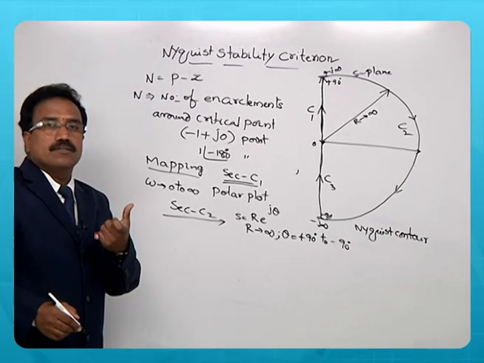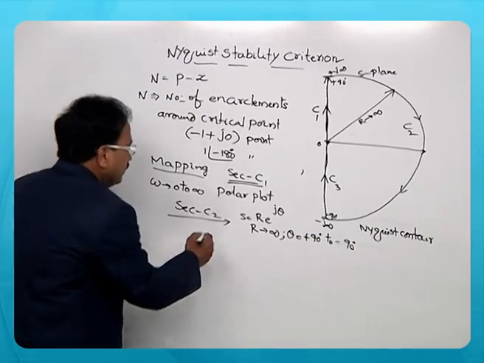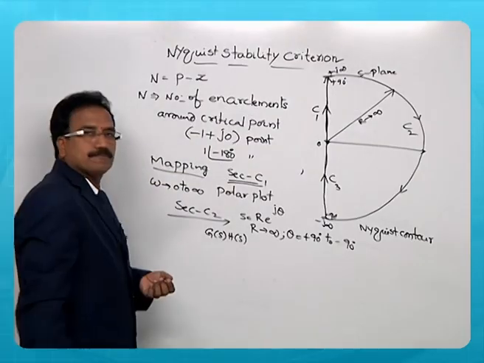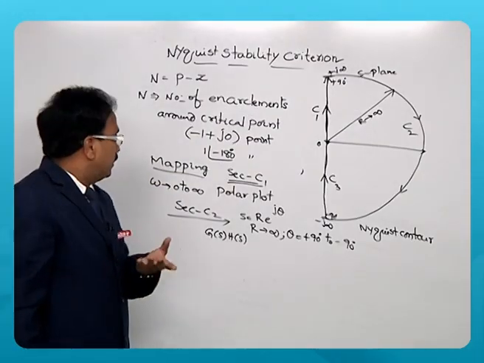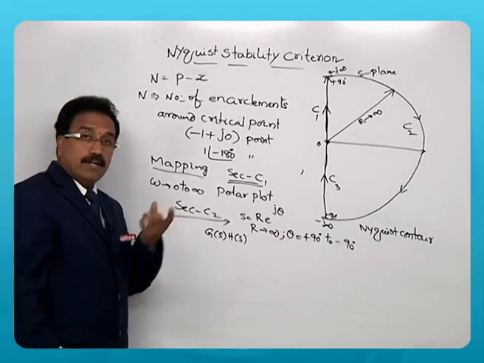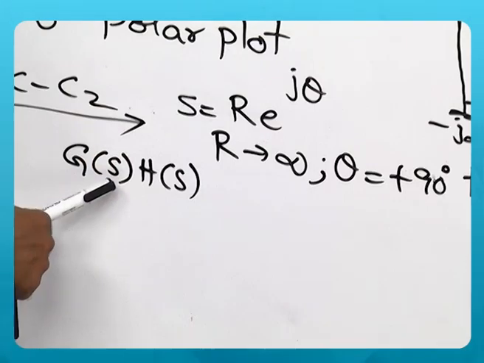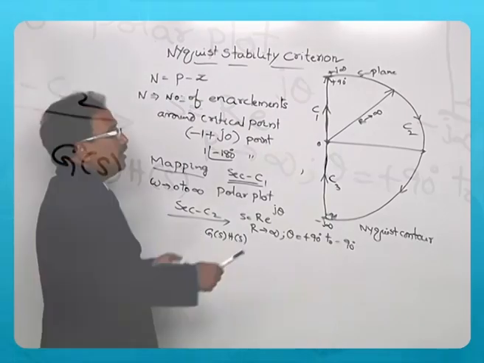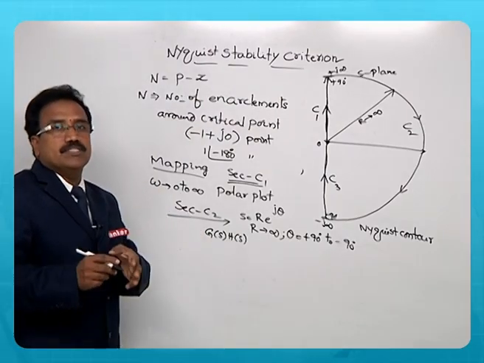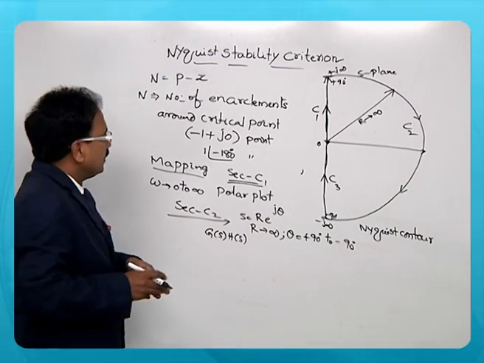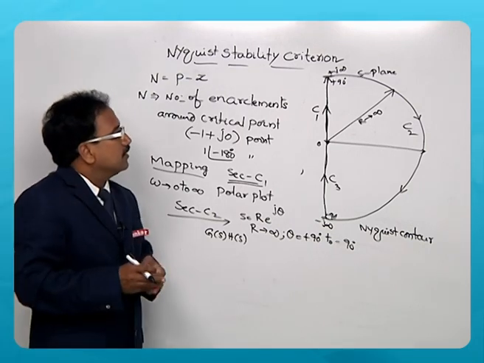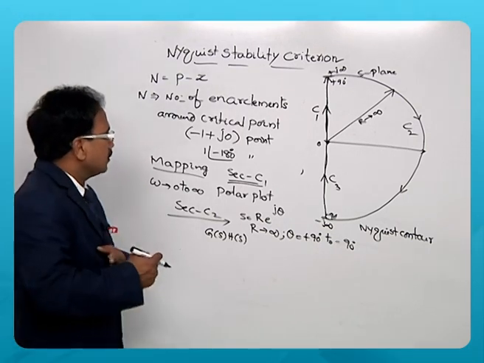This S value we should substitute in the given G of S into H of S. That way the mapping of section C2 is done, replacing S in the given loop transfer function by S equal to R e power j theta with theta limits plus 90 to minus 90, and then the corresponding mapping should be done into the G of S into H of S plane.